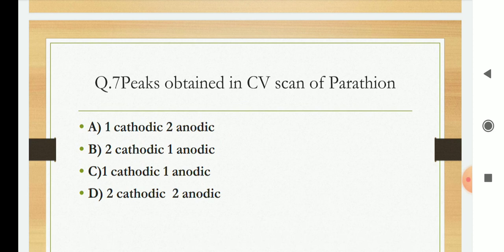The peaks obtained are: 1 cathodic, 2 anodic; 2 cathodic, 1 anodic; 1 cathodic, 1 anodic; 2 cathodic, 2 anodic. The answer is 2 cathodic and 1 anodic. In the forward scan, you will get 1 cathodic. In the reverse scan, you will get 1 anodic, and again there is a forward scan, so you will get a second cathodic.